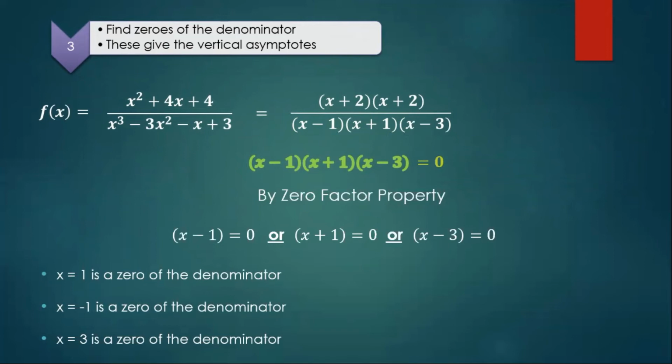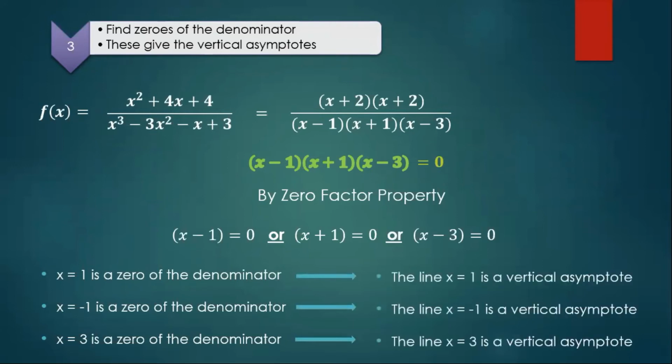However, recall that comment at the top of the video. The result here is very different. If the denominator becomes 0, we get something that does not exist. So 1, -1, and 3 are not in the domain of f of x. So these will actually create the vertical asymptotes.